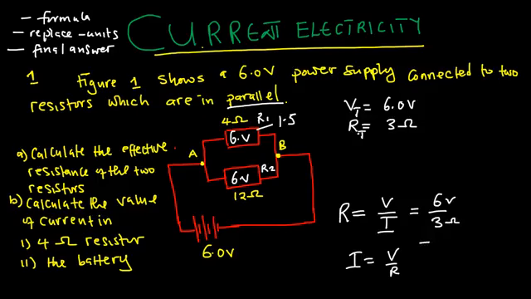If you make the current the subject, it will be voltage over resistance. At this point you just divide, and this gives you 2.0 amps, or just 2 amps. So the current through the circuit is 2.0 amps. That is how you find it. I guess you followed.